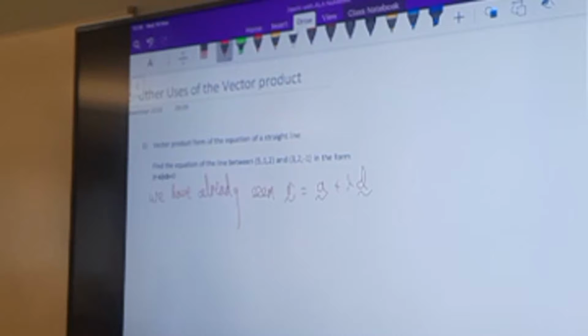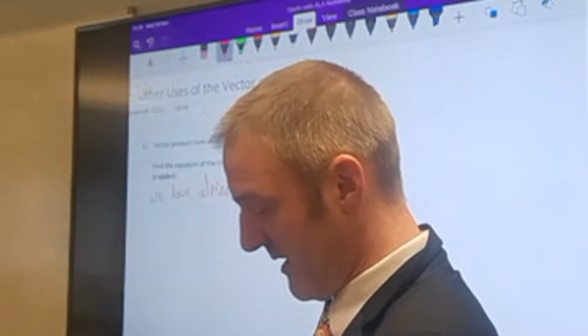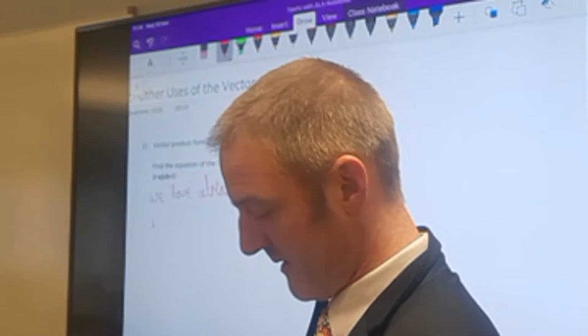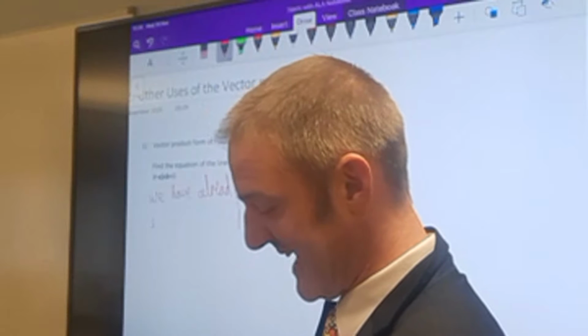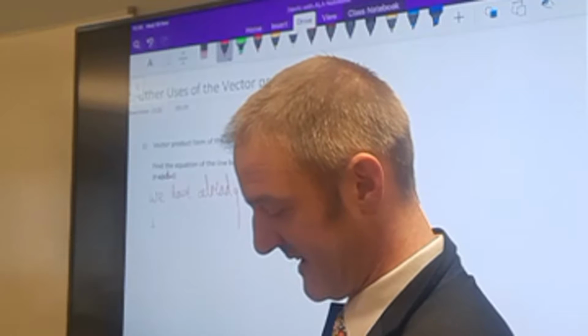We've already seen that form of the vector equation of the straight line, but there's another form. I should say d really, shouldn't it?